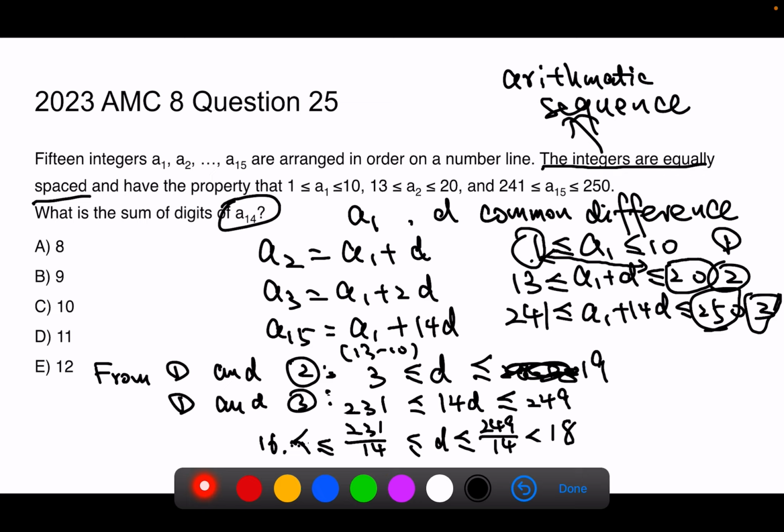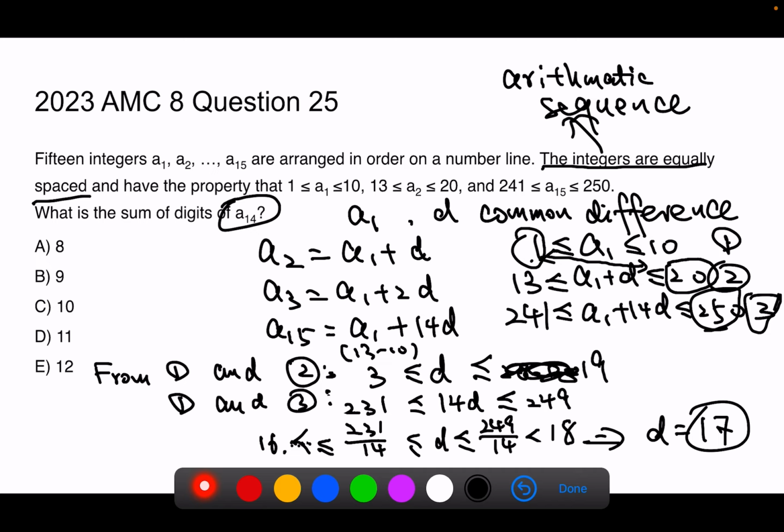Because it's bigger than 16 at least. Then the only integer that works is going to be D equal to 17. Now the problem is almost solved, right? You know the common difference is now 17.